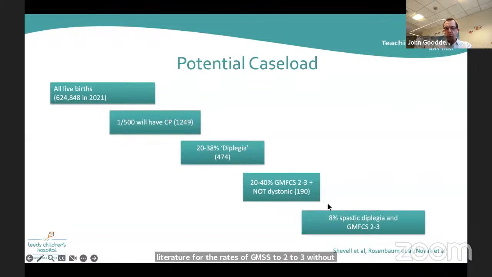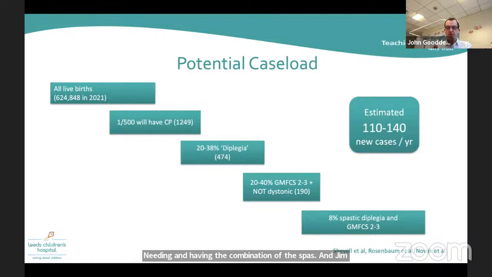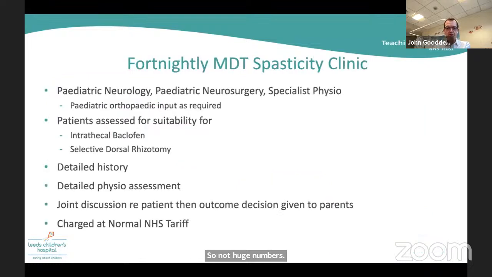And when you combine all of those, you end up with a figure of only about 8% of those children having the combination of spastic diplegia and GMFCS 2 to 3, which in the UK population would be a range of 110 or so new cases across the country. So not huge numbers of people in that classic category.